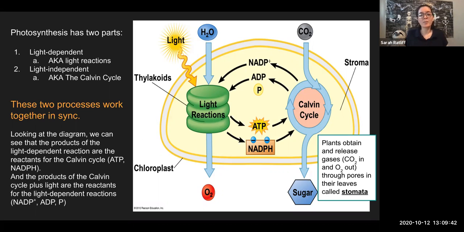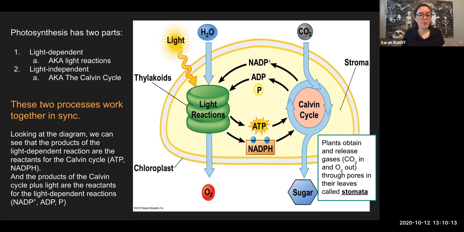And when we're talking about our chemical reaction, if you remember, we need carbon dioxide to go in, and our waste product is going to be oxygen. Well, these are gases that need to go in and out of the plant. How does that happen? Well, plants have leaves, stems, things like that, and they have these little pores. Like our skin has pores, it helps things come in and out.